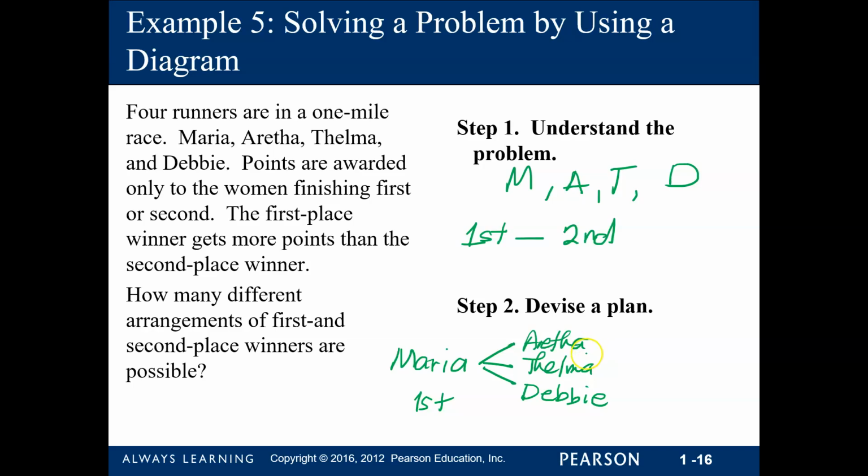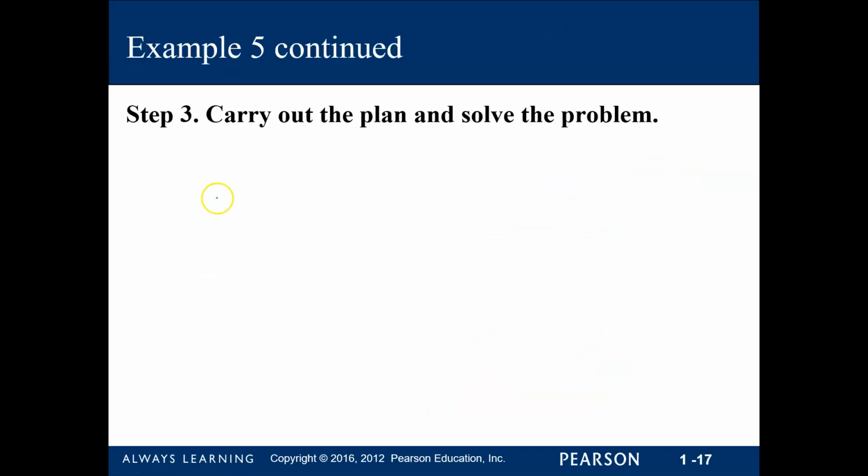So what if we put each of the girls as the first placer, and then we list down the possible combinations? Again, we started with Maria. So either Aretha, Thelma, or Debbie is going to be the second placer. Now, what if Aretha is the first placer? Who will be the second?